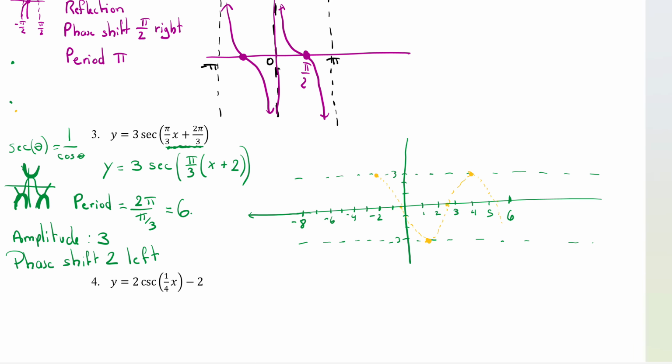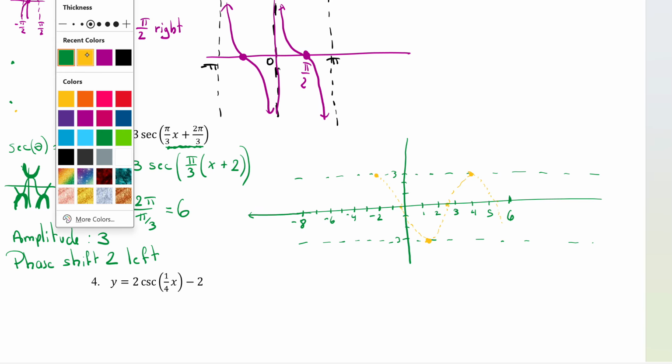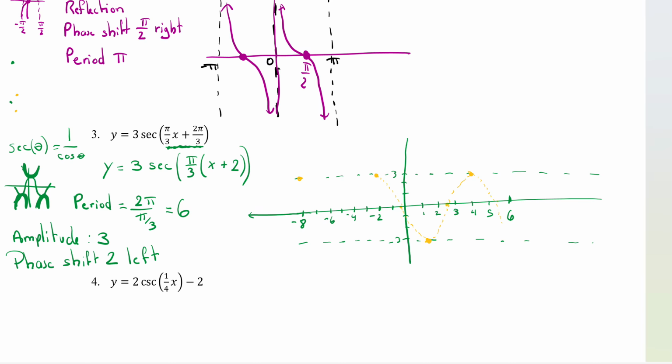That should be enough, right? Because period is 6. From -2 to -8, I have 6 units. So that means that I will be back up here, and then halfway through, we will be at the minimum. Okay, so it should look like that.